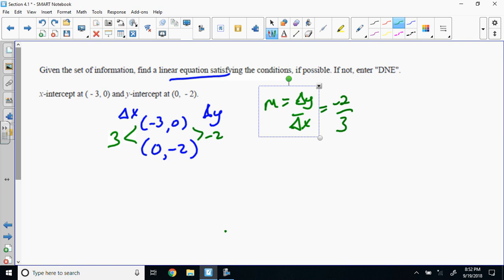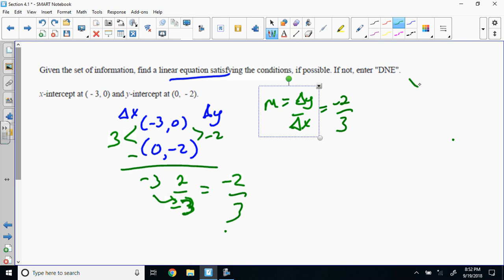I think of it like that to get my positives and negatives. Now you could subtract here: negative 3 minus 0 would be negative 3, 0 minus negative 2 would be a positive 2, and then you just slide that underneath. And there you go, negative 2/3. That's fine too, because you're lining up your y's and your x's, and you subtract.